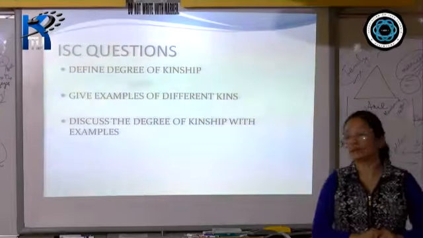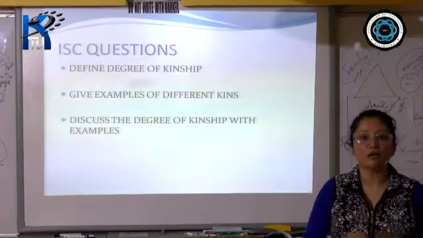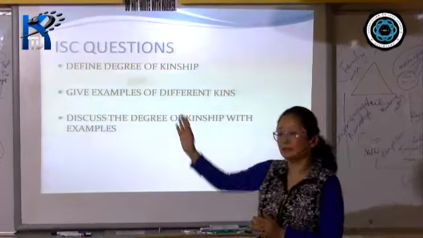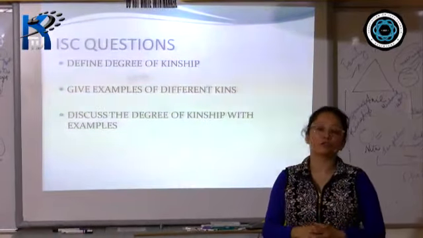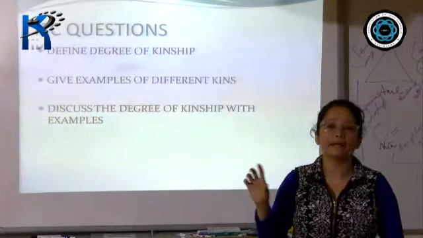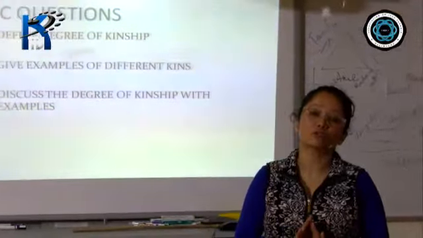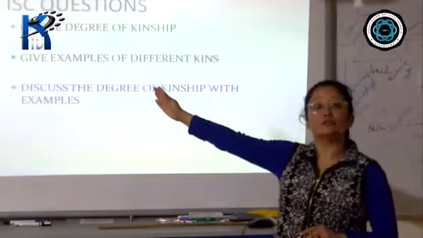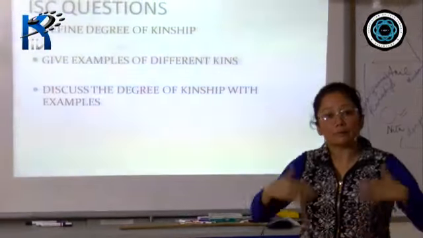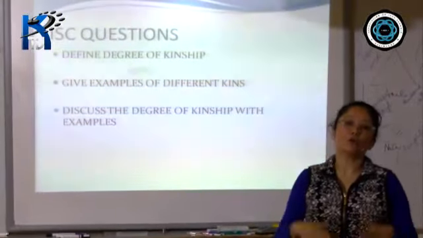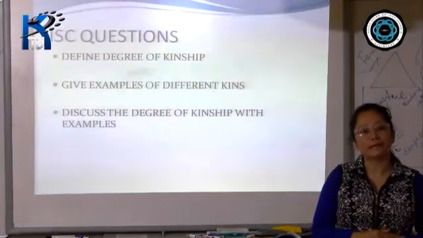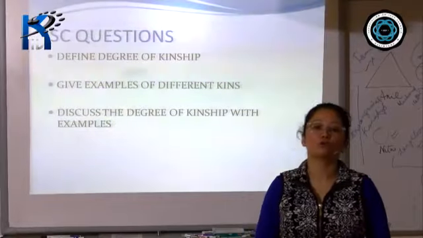Discuss the degree of kinship along with the examples. For this, I would recommend you, please don't go. What normally children do is they will just define the degrees and give examples. That's not it. Please make use of the diagram. And with the help of the diagram, if you study, if you explain, that will definitely help you to score more marks.